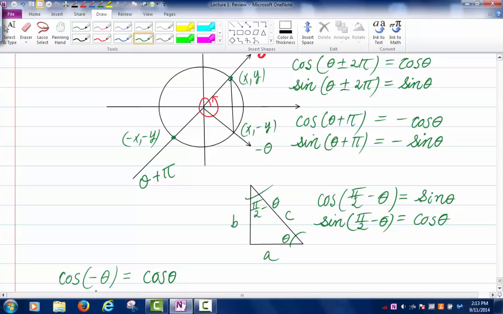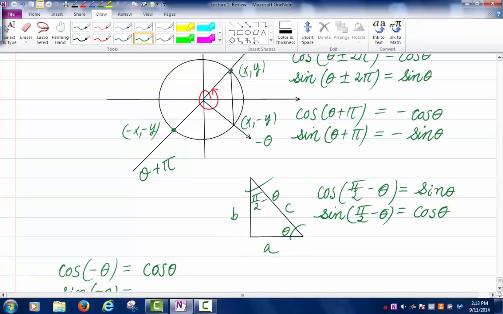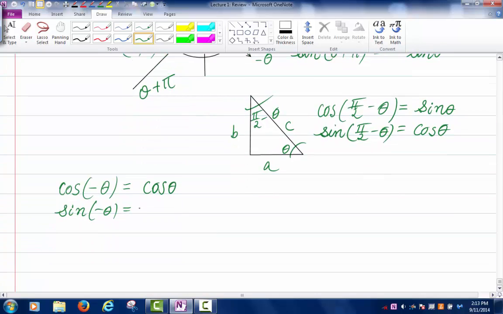So they are negative of each other. So sine of negative theta is negative sine theta. Are we okay with that? Is everybody okay with that?